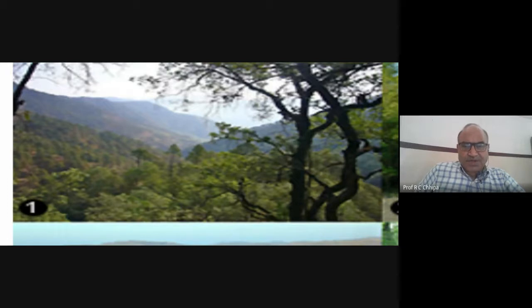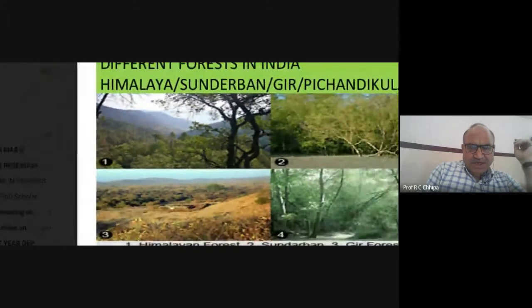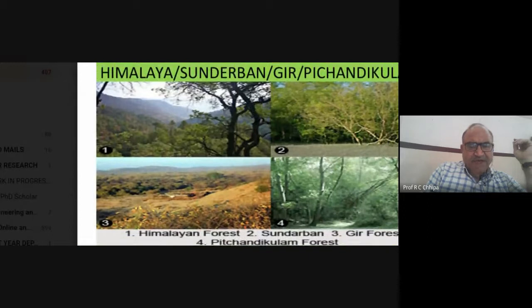The peaks are very beautiful. This land is blessed. This particular area is the Himalayan forest.